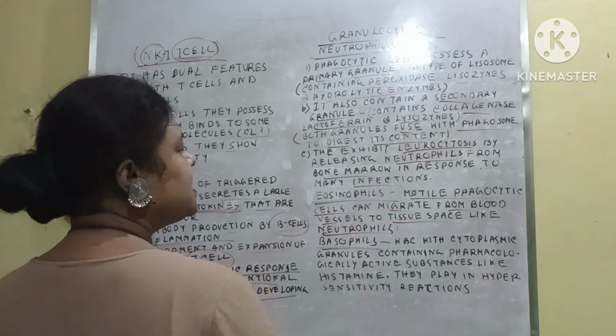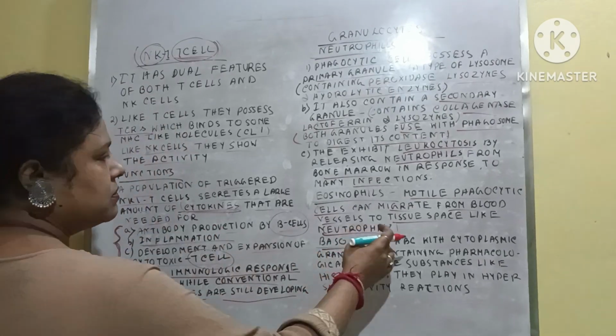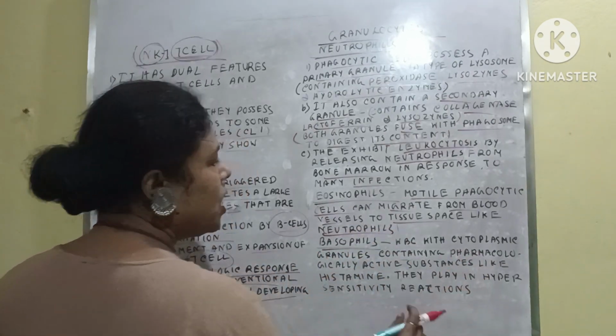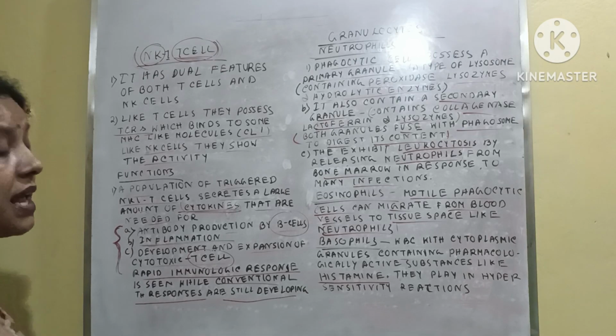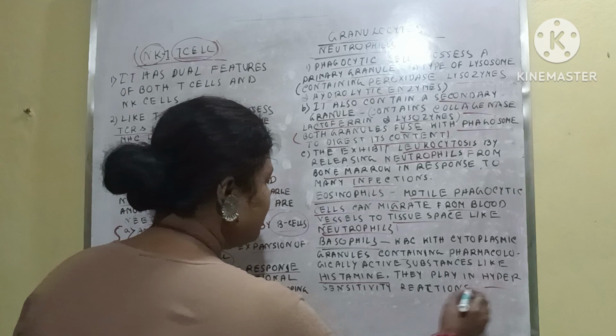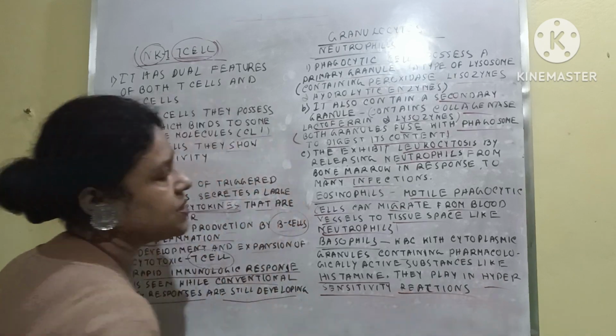These are part of the WBC, and their granules contain one important substance called histamine. Clear? And the function of histamine is what? The hypersensitivity reactions.